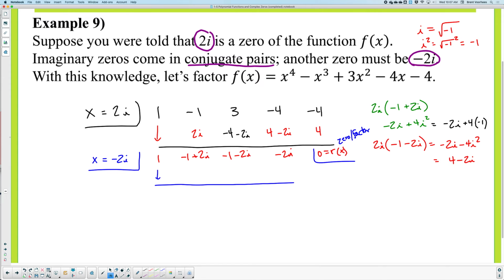Drop the 1. And just to keep track, this was a 4th power. This is now a 3rd power. This will be an x squared in a second. What's 1 times -2i? Now you'll like this one more because what happens here? Oh, it cancels, but the -1 drops. What's -1 times -2i?